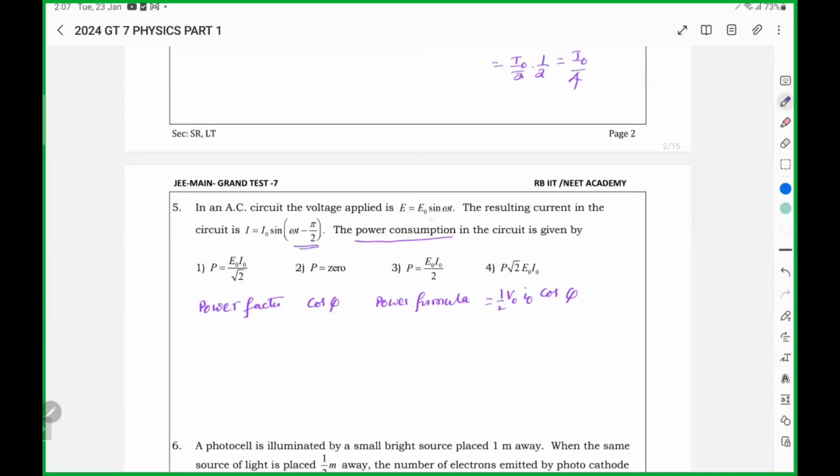Here, between current and applied potential difference, the phase is omega t minus pi by 2. That means current is lagging voltage by pi by 2, so phi here is pi by 2. Cos phi becomes 0. So power consumption is 0.